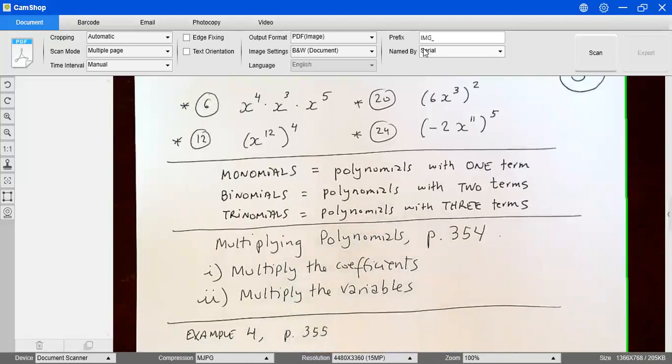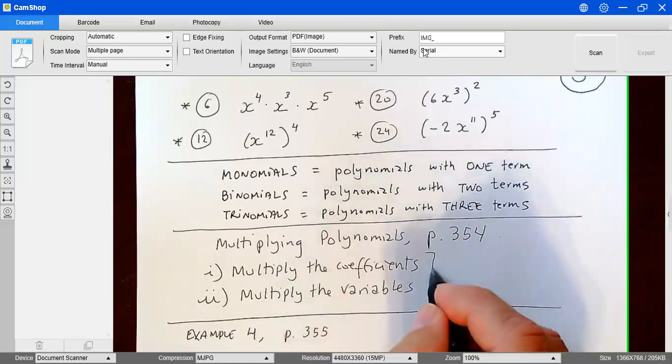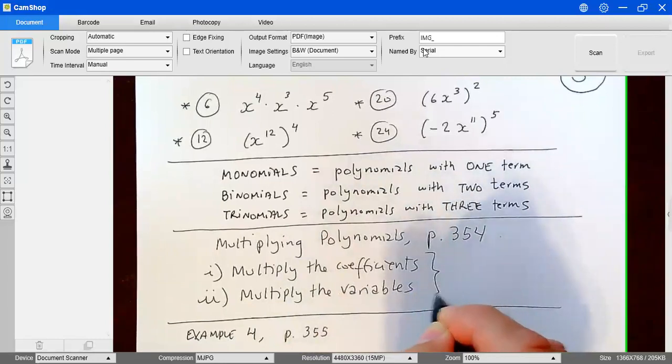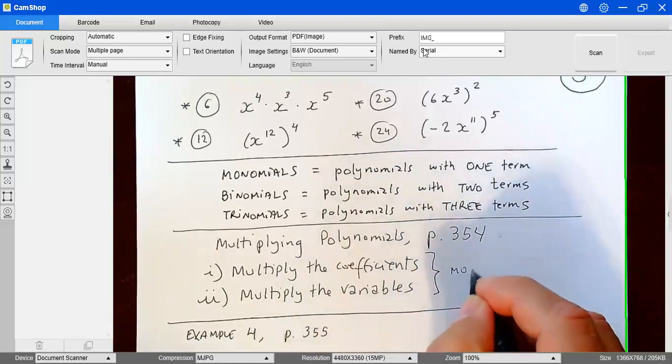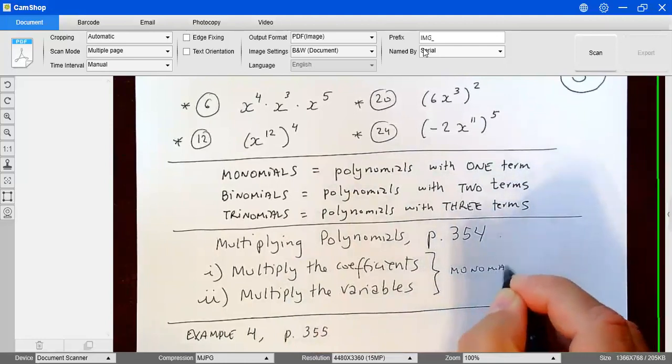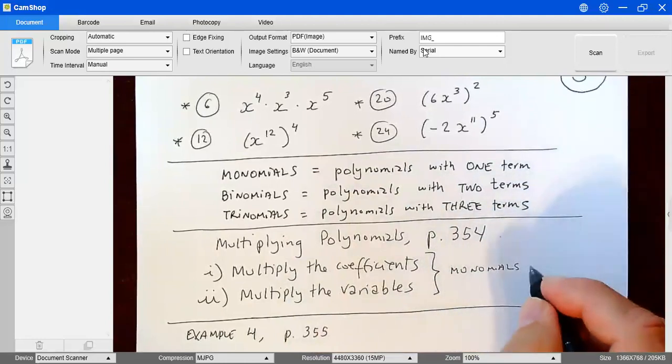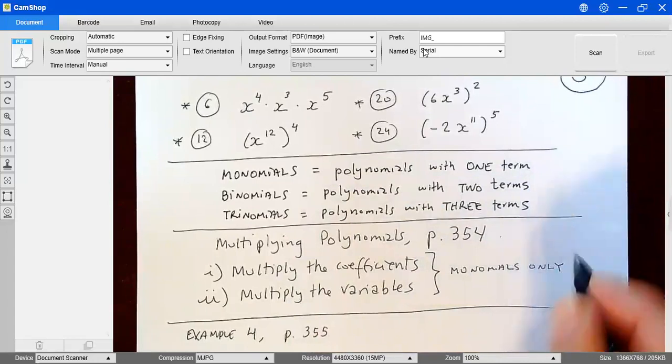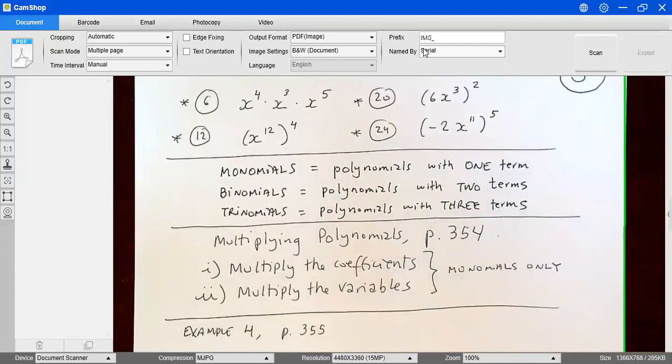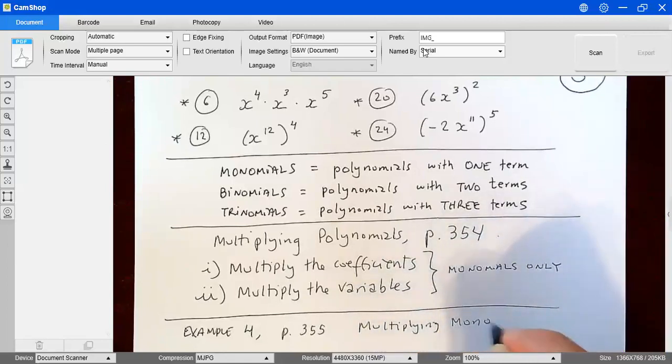And it's important to know that these rules apply for monomials only. So you multiply the coefficients and you multiply the variables. So example 4 is going to be a case where we are multiplying monomials.